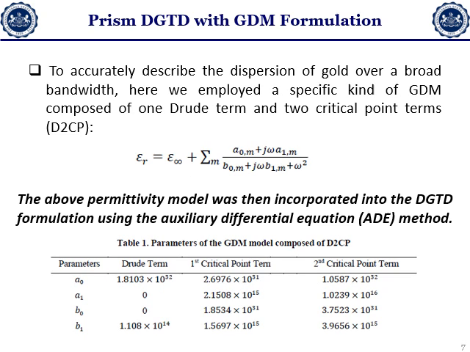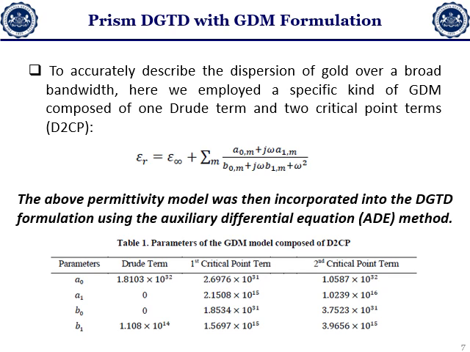But to accurately describe the dispersion of gold over the optical region, here we employ a specific kind of dispersive model, which is composed of one Drude term and two critical point terms, called the D2CP model.